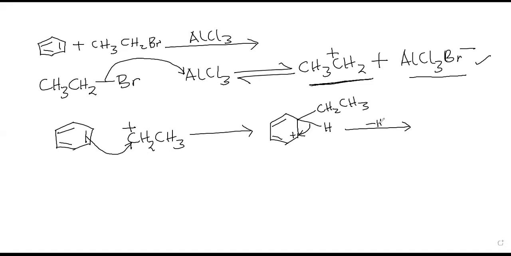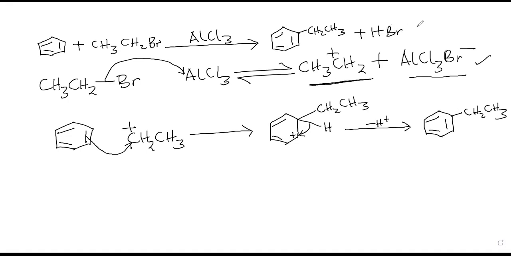You must show the loss of that hydrogen and then you form the final compound, CH2CH3. If the question was complete the equation, then you must have completed it here by having CH2CH3. Then the hydrogen lost will react with the bromine to form HBr. So another minor product is HBr.